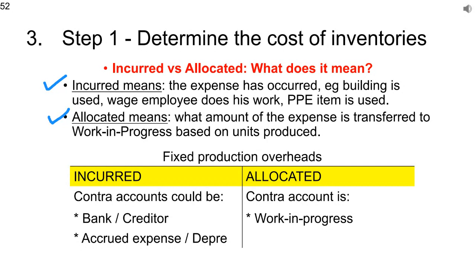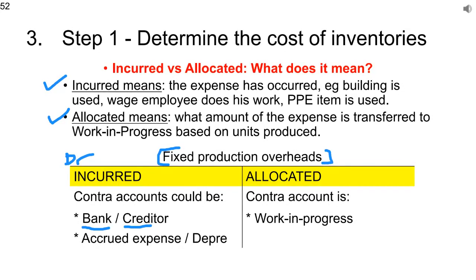If we had a fixed production overheads account, let's assume this is a rental account, this can be any account that is fixed production overheads. In a T account, we would debit the account, and we might credit bank, or creditor, or expense paid in advance or accrued expenses, but we would debit it because we incurred it, because we need to pay it.